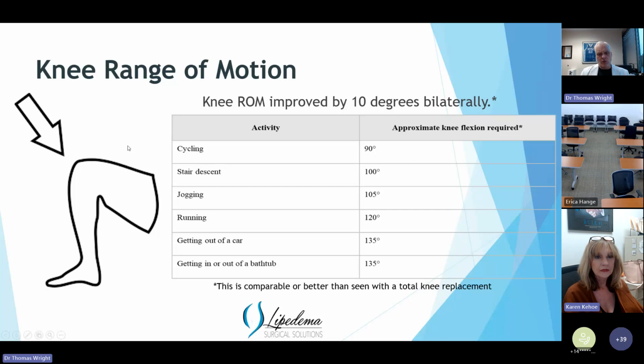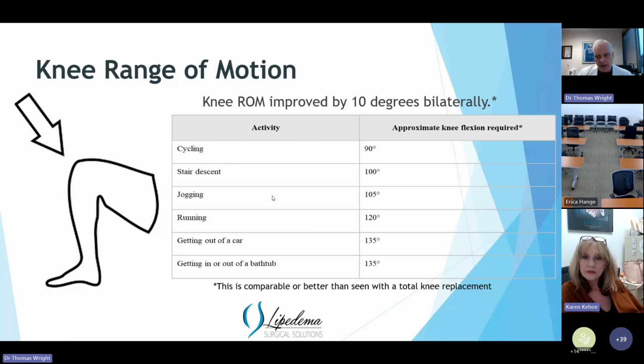So we showed the data with the improvement in knee flexion. How does that translate into a huge improvement in function? Getting in and out of a car or in and out of a bathtub, you need a full 135 degrees. So if you're the average patient and you get closer to 130 from your surgery, that's going to make a big impact.